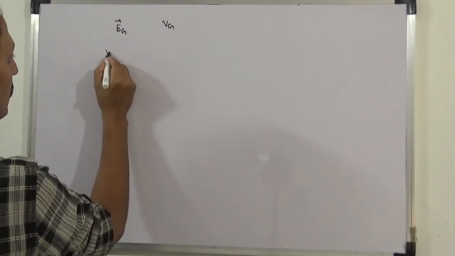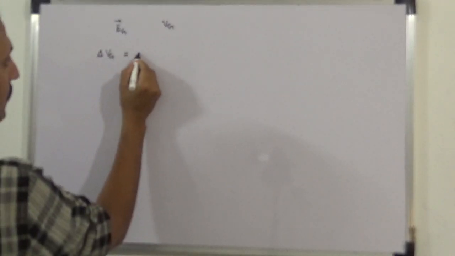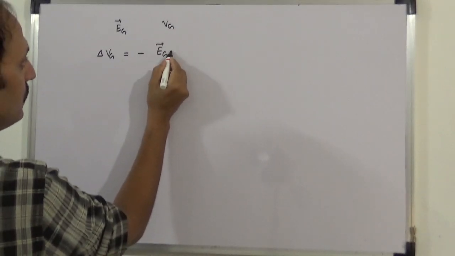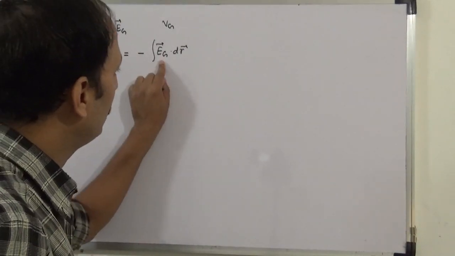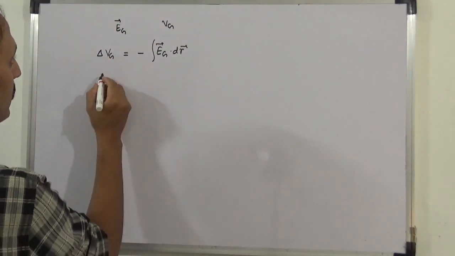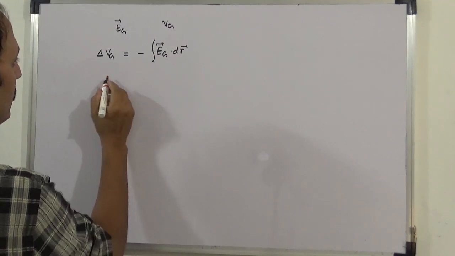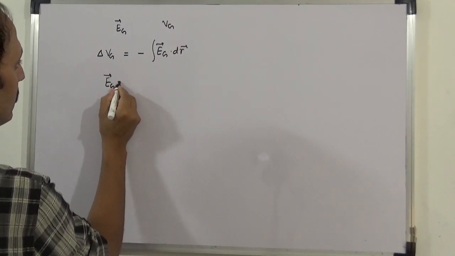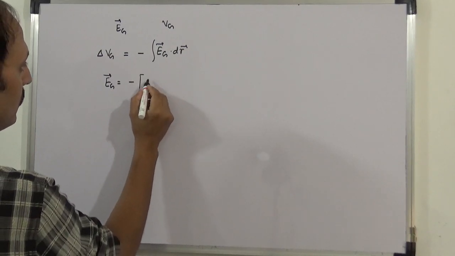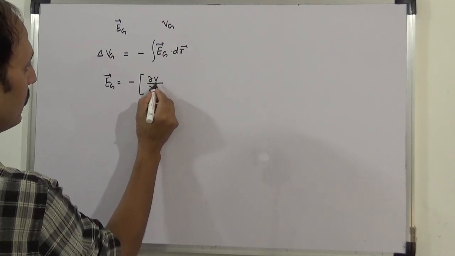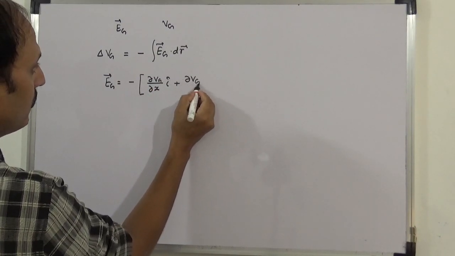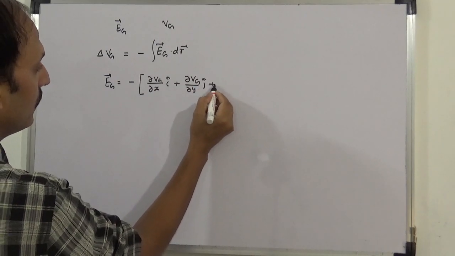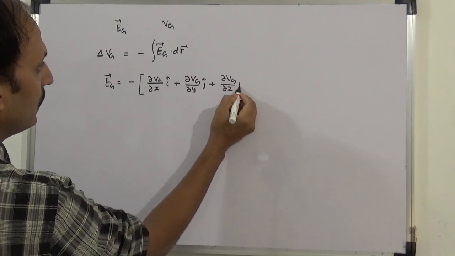So delta Vg will be minus Eg dot dr, which we did in electrostatics, where there was the electric field and here the gravitational field. Then Eg can be written as minus of del Vg by del x i cap, del Vg by del y j cap, del Vg by del z k cap.